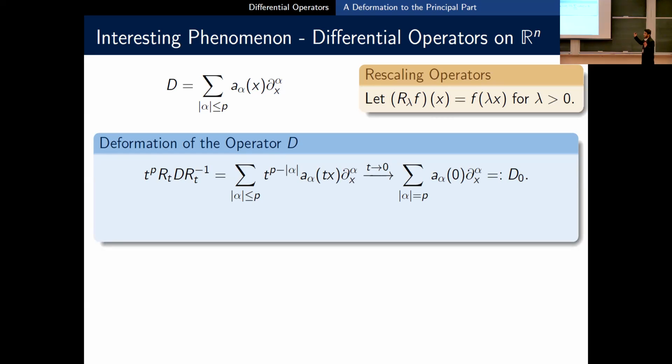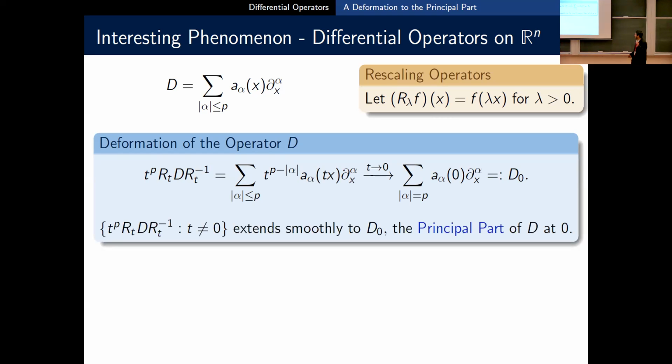I recovered the principal part, or the top order part, of the differential operator with frozen coefficients at t equals 0. So what I get is that this family of operators I started with extends smoothly at t equals 0 to this principal part operator with frozen coefficients.